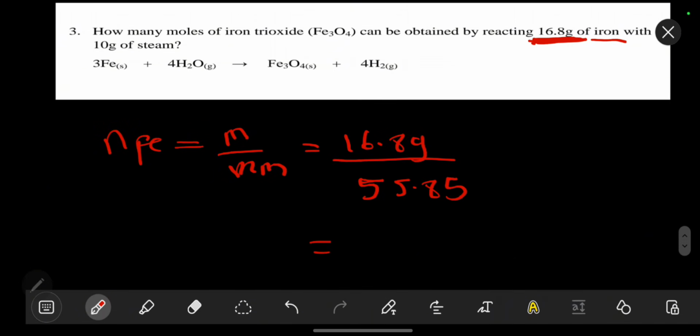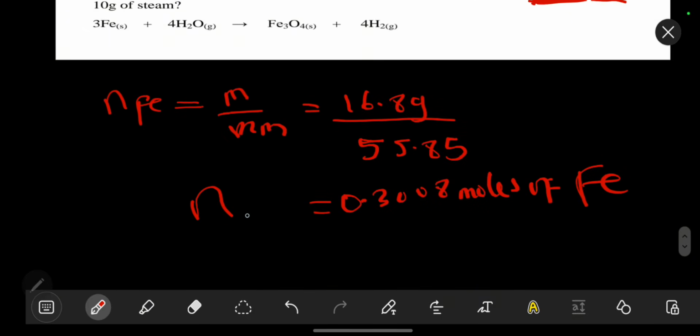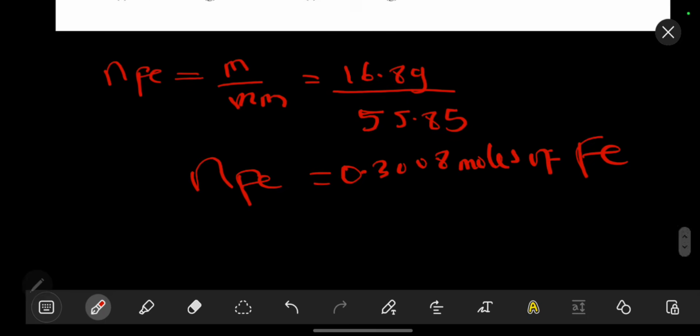So when we divide 16.8 by 55.85, this gives us a value of 0.3008 moles of iron. This is the number of moles of Fe.